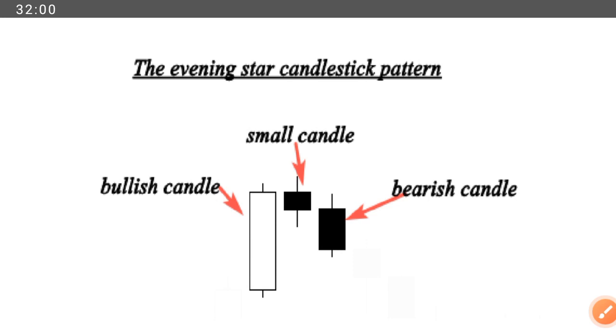You can see that it closed below the middle point of the first candlestick. That's the only time it can qualify as an evening star candlestick pattern. If it doesn't close below the midpoint, then it is not an evening star candlestick pattern. So you ignore it.